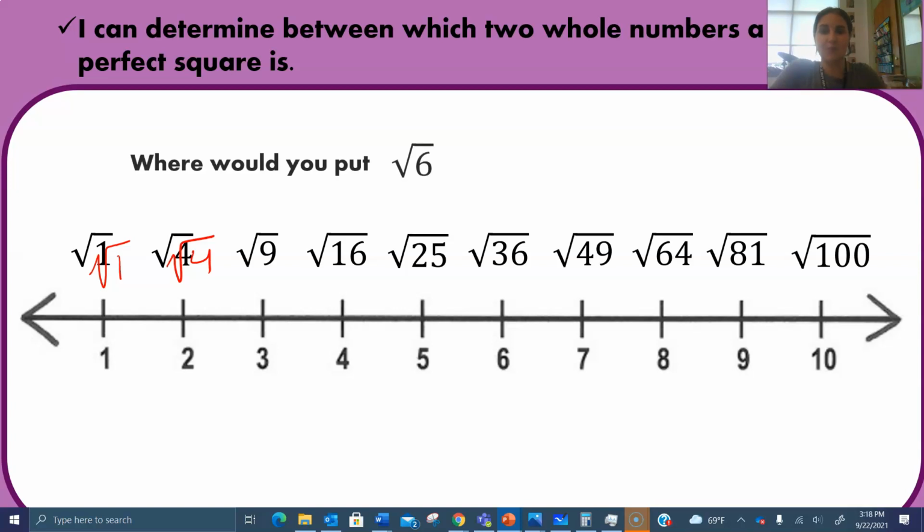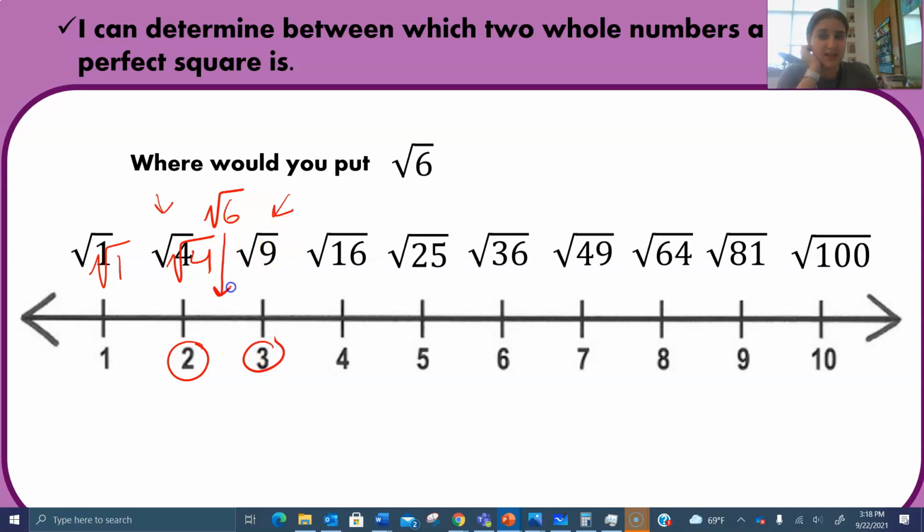Okay. So the problem we're going to do is, where would you put the square root of 6? If the square root of 4 is right here, and the square root of 9 is here, the square root of 6 will be somewhere in between these two. Now the whole number for the square root of 4 is 2, and the whole number for the square root of 9 is 3.